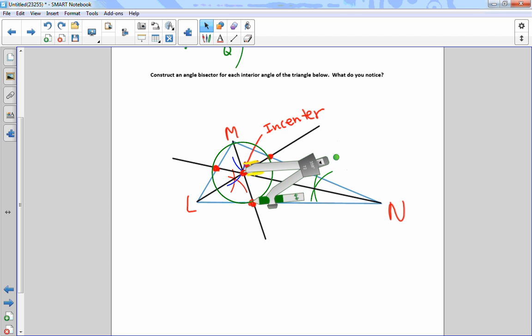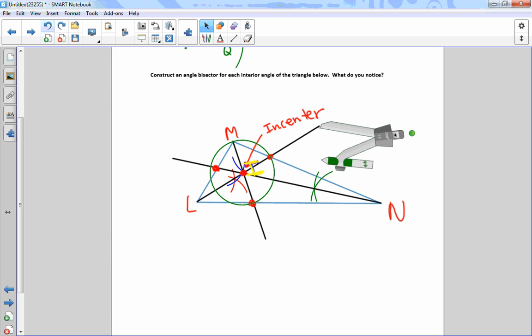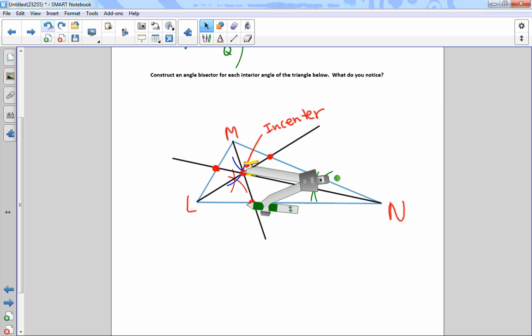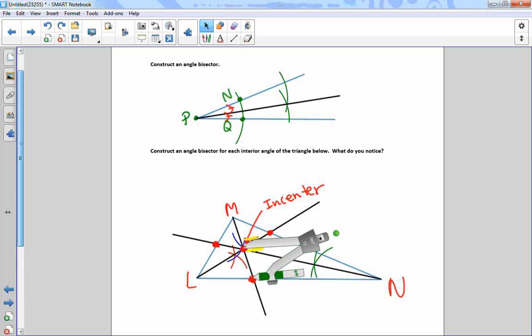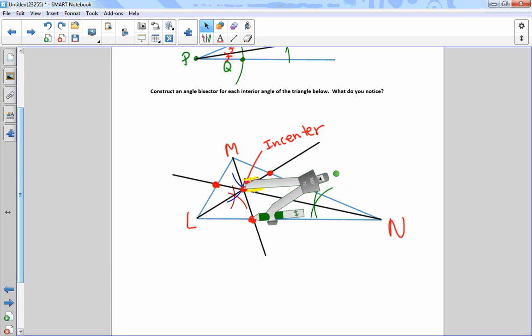I think mine is off just a little bit. There we go. I like the first one better. And precision was an issue. Okay, let's try again.